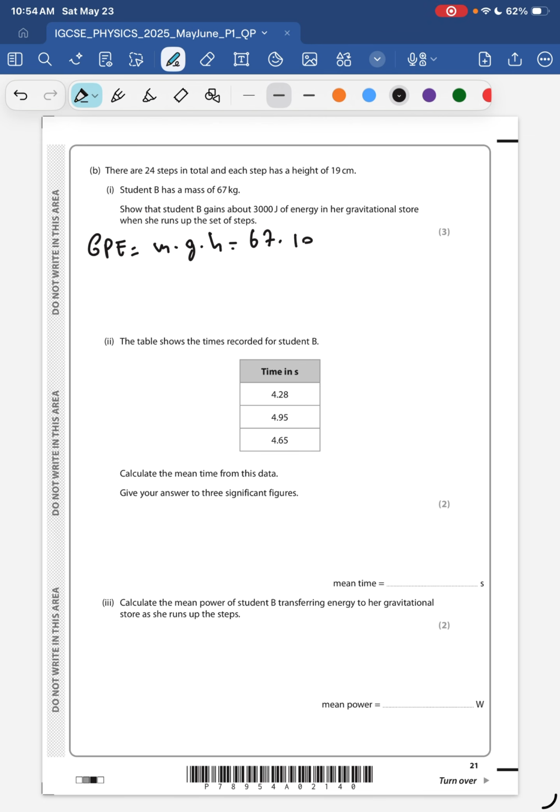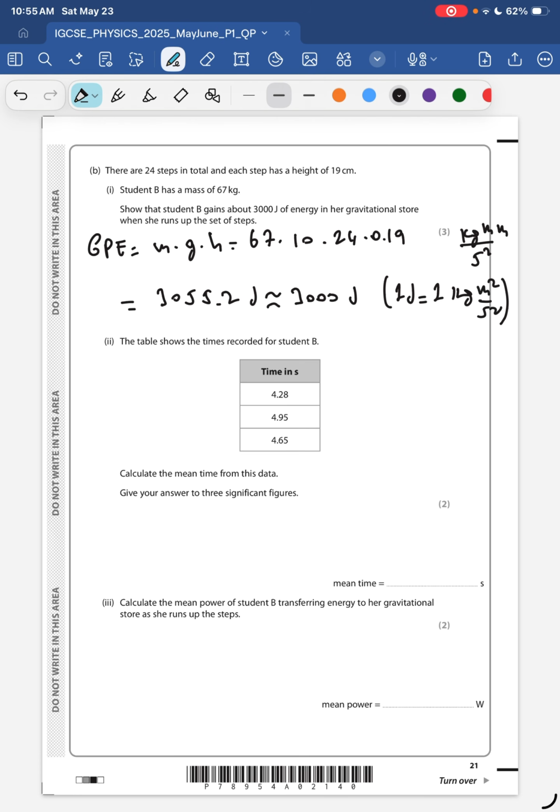The units are kilograms for mass, meters per second squared for g, and the height is 24 steps times 0.19 meters for each step. So the final answer is 3055.2 joules, which is about 3000 joules. And 1 joule is 1 kilogram times meter squared per second squared.